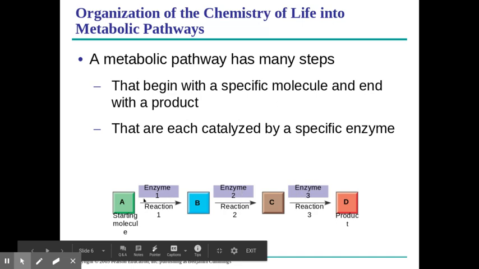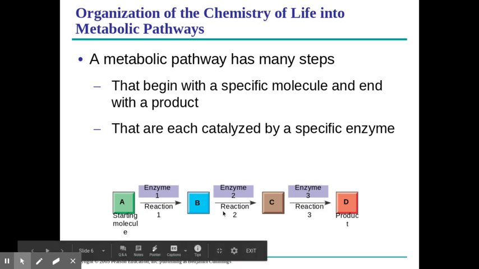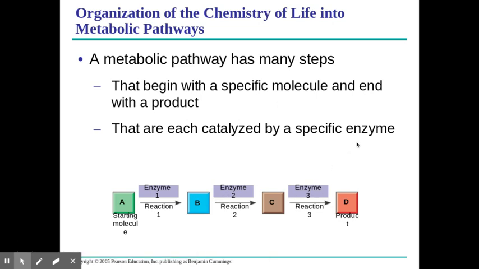That is important because remember, enzymes are proteins, and proteins are very specific. What makes them specific is their shape, their configuration. Their shape is everything, and their shape is specific to a specific reaction. So you can see these reactions are different, and the enzymes are different. That is very important. They are catalyzed by a specific enzyme, and enzymes are specific due to their shape.